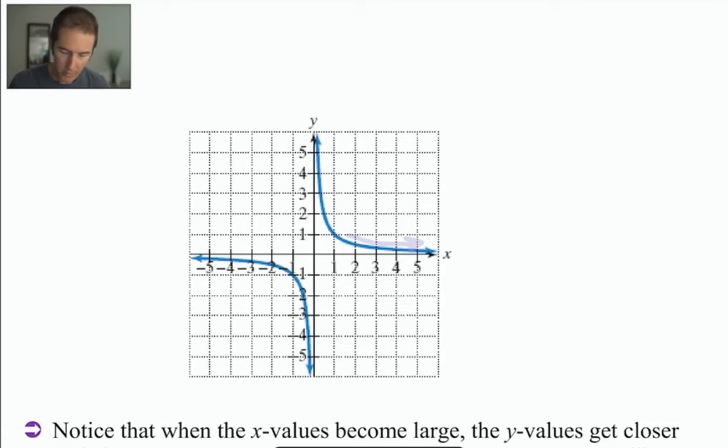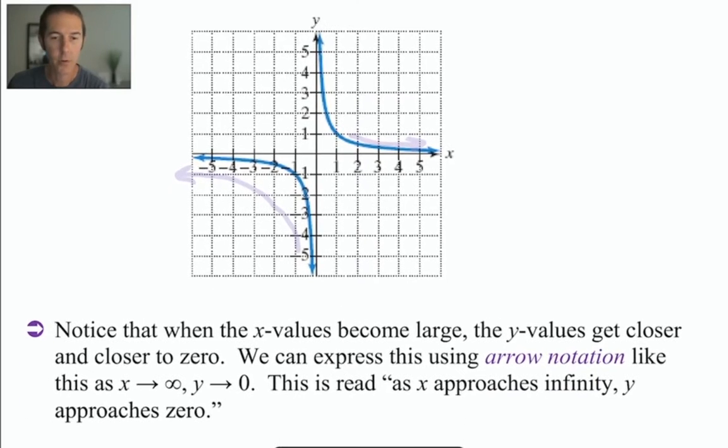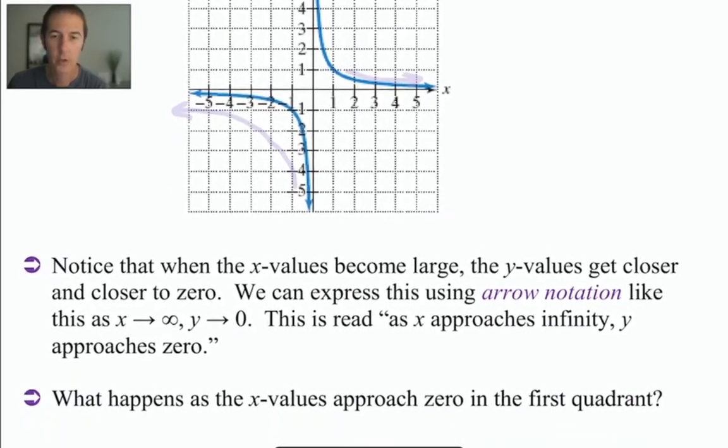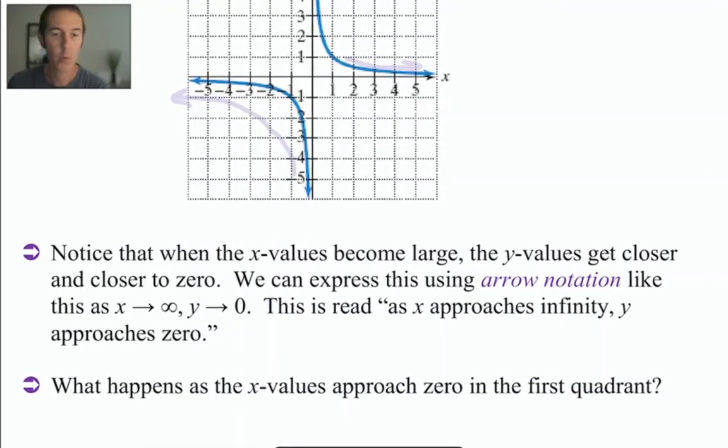And as we head off to the left toward negative infinity, it looks like our curve is approaching the underside of the x-axis, and it is. However, that curve's never going to touch the x-axis either. So the x-axis is also an asymptote. We call it a horizontal asymptote, as opposed to here, where the y-axis is a vertical asymptote.